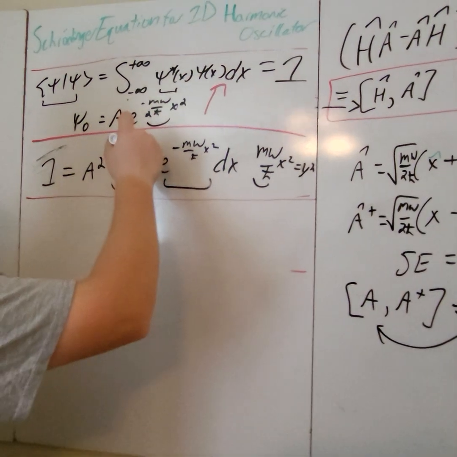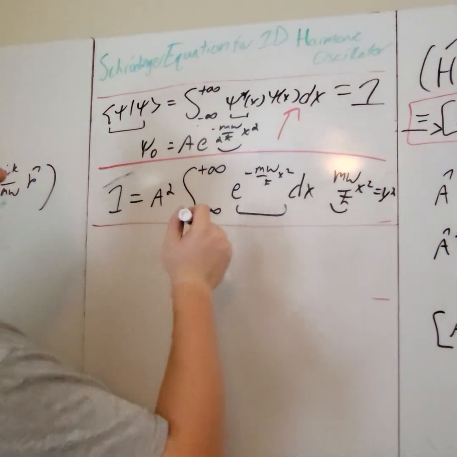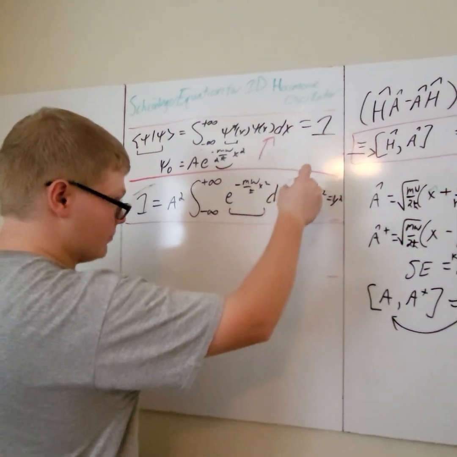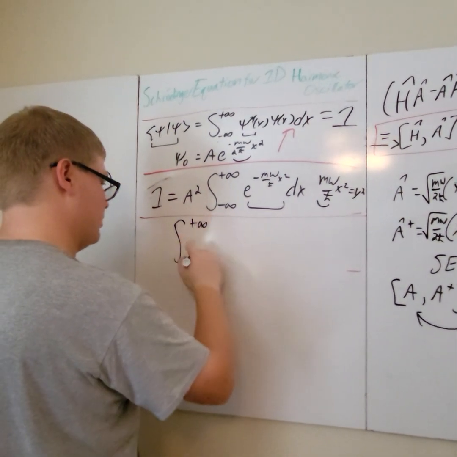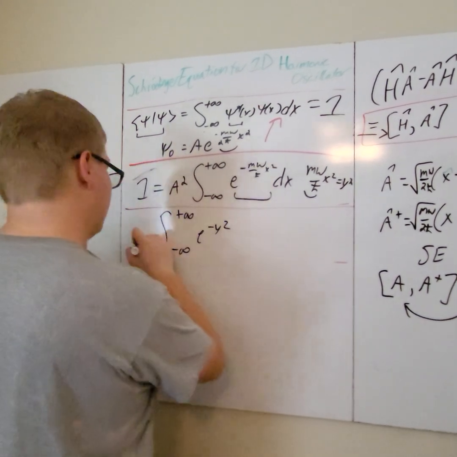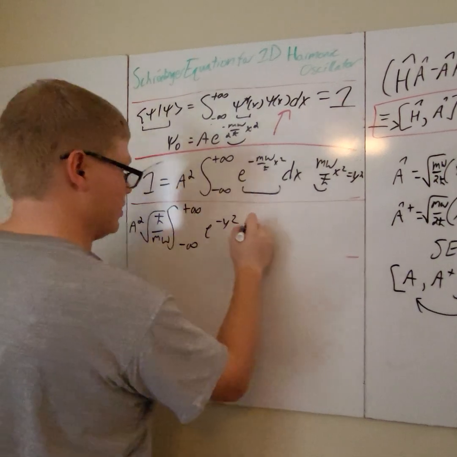So when you multiply infinity by a finite number or divide it by a finite number, it's still infinity because it's huge. So the bounds aren't going to change on the integral. Well, we can now rewrite this as dy, ħ over mω, A squared dy.